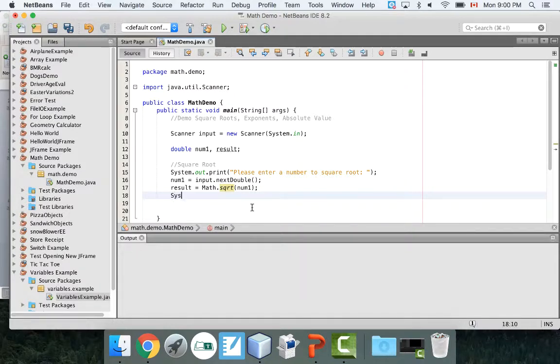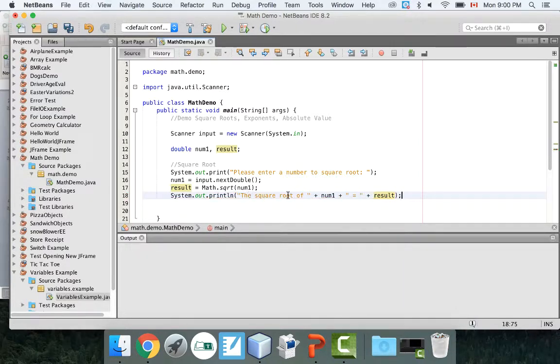And then finally I'll print this out. The square root of, and I'm going to attach in the input right here, so plus num1. And then I'm going to put equals, just like that. And then I'm going to attach in the result.